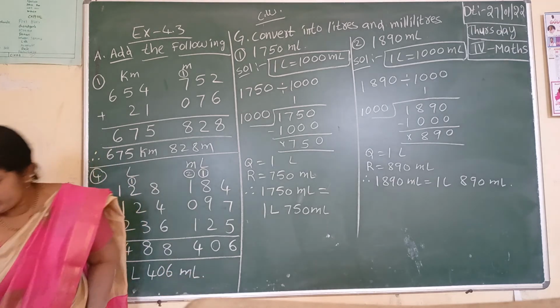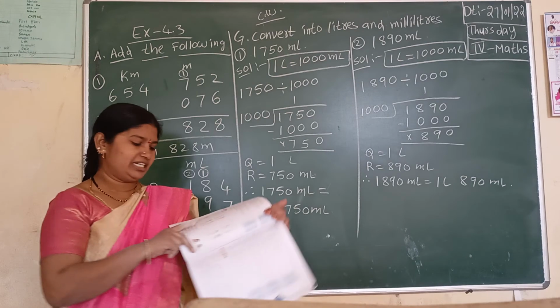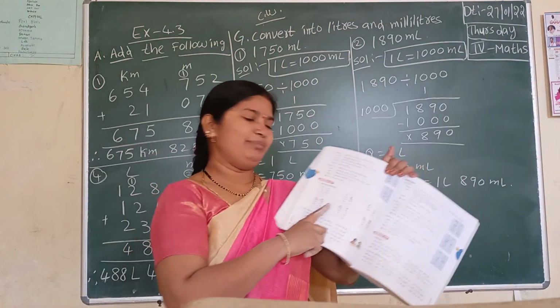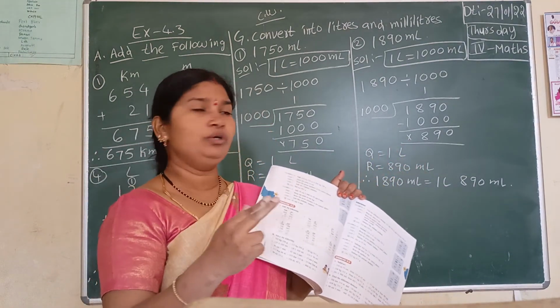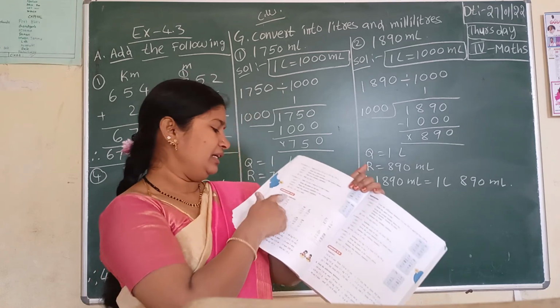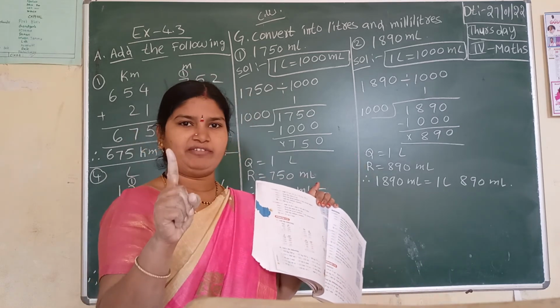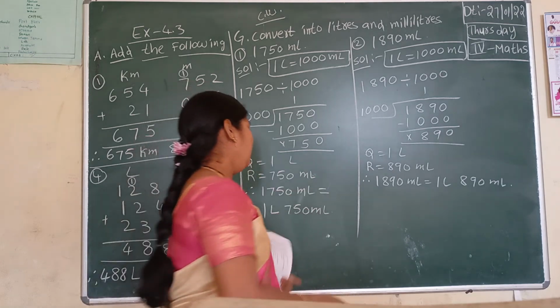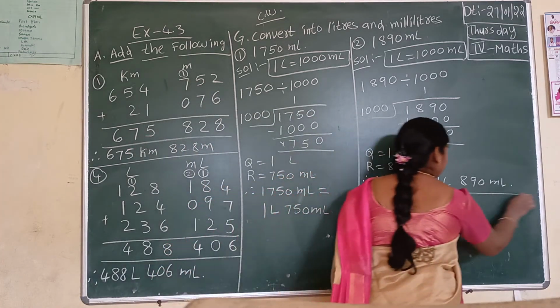Okay. Same like this you have problems 5 and 6. You have to complete exercise 4.2 E, F, G bits and exercise 4.3 A bit 1 only in your class work. What is your homework, children? See?